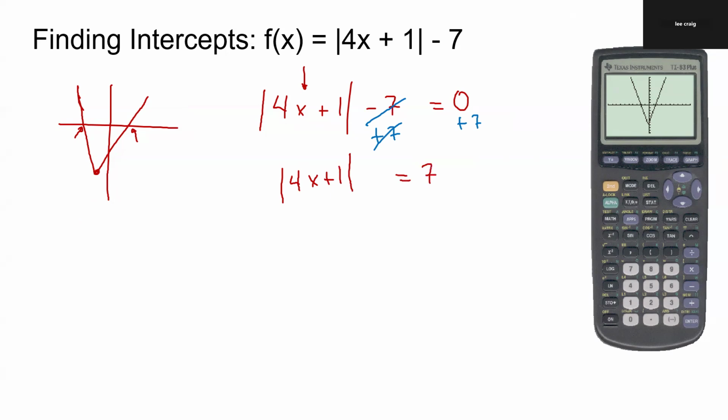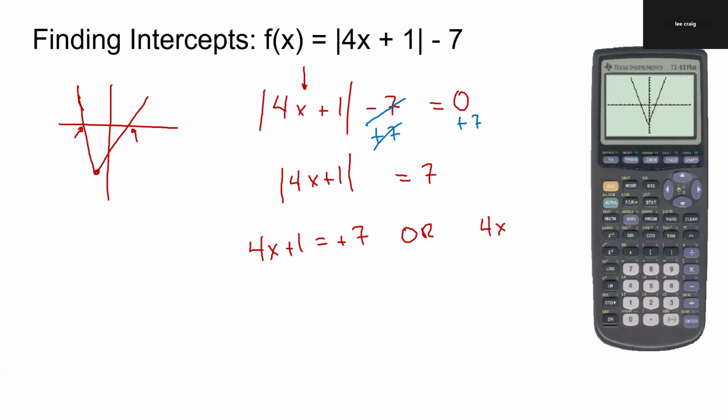And now I can see there are 2 possibilities. Either the stuff inside the absolute value started out as positive, so all of that stuff inside was equal to +7, or maybe all of this stuff in here started out being negative, and the absolute value bars took the negative number away, but I need to get inside there and see what's happening inside absolute value.